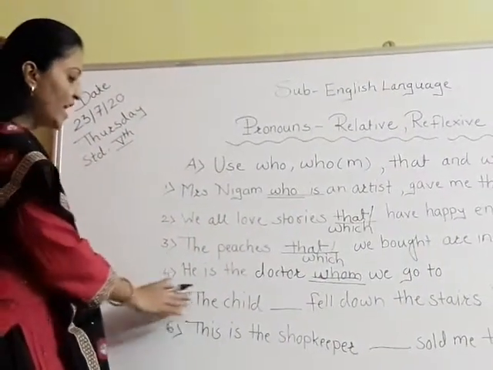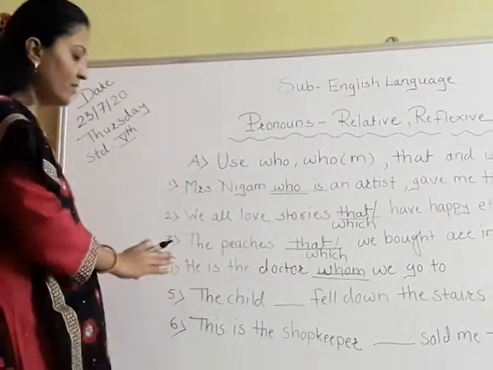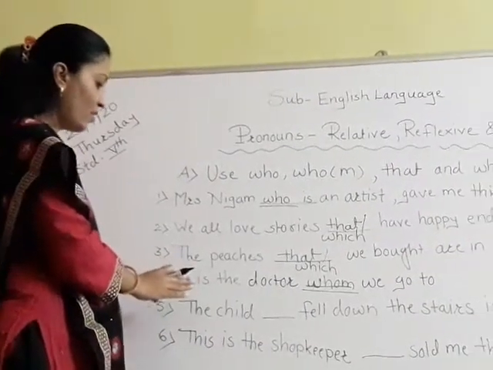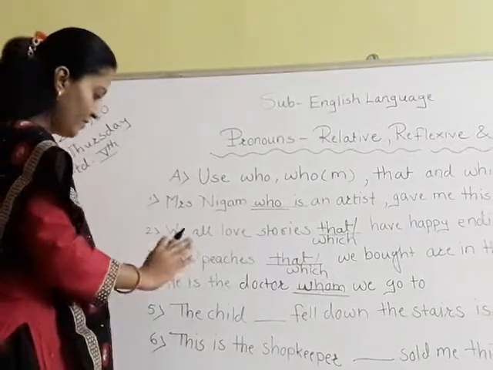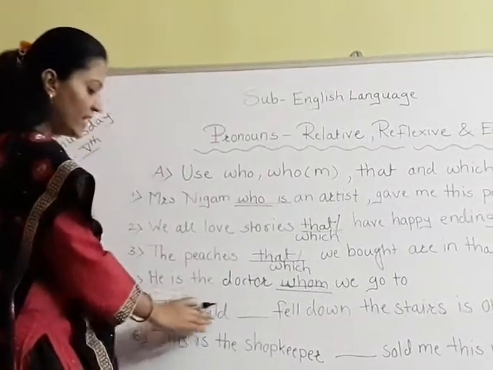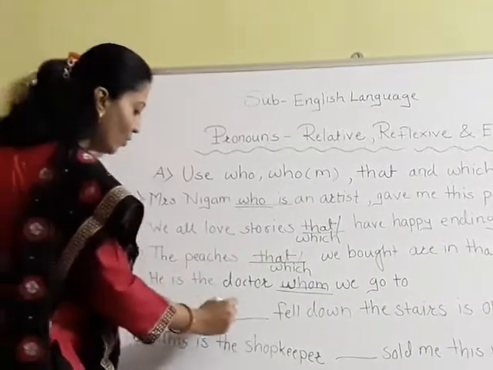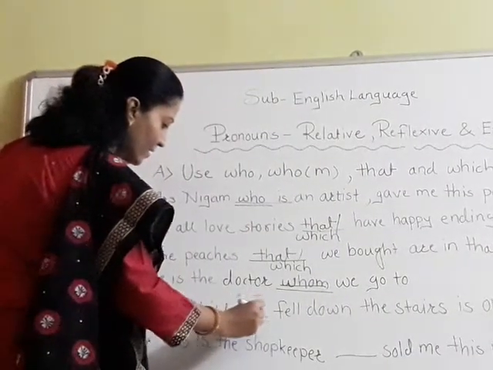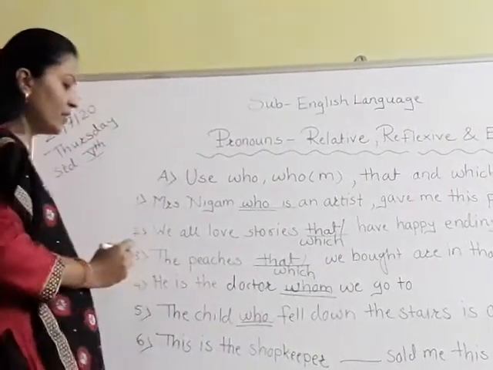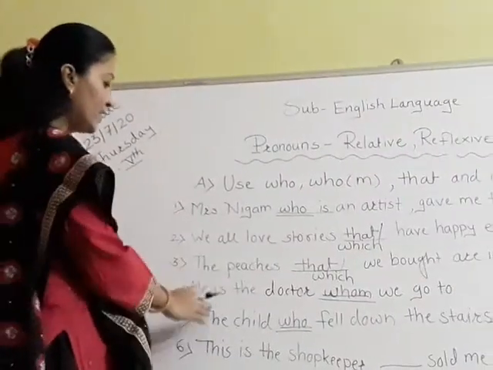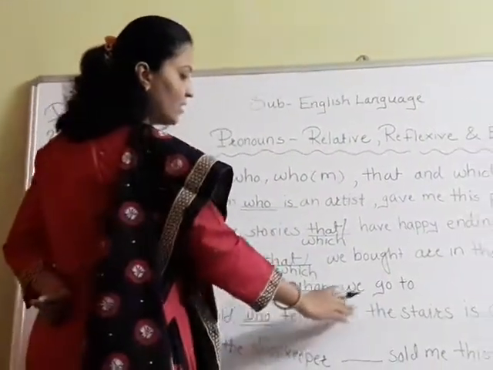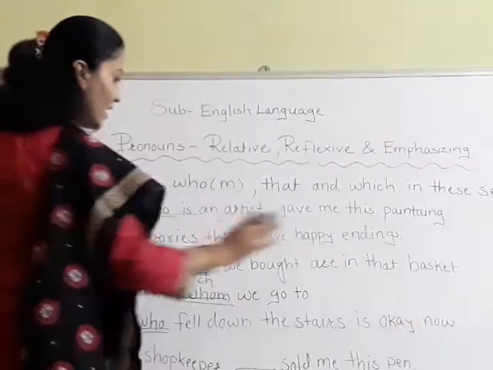Now the child, we are talking about a person, or we are talking here about a child. So for child we will use who. Okay. That relative pronoun we are using is who. The child who fell down the stairs is okay now.